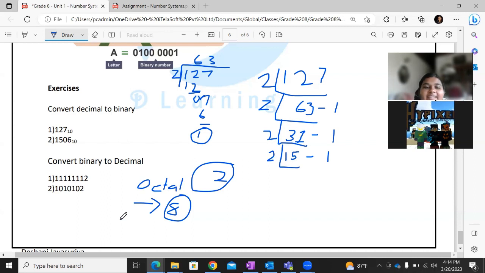So that's the format that we need to know: whenever we are going to do these conversions, you have to remember for binary, 2 is the one, for octal 8, and for hexadecimal, 16 is the answer. Okay? So you'll be getting questions to convert like this.